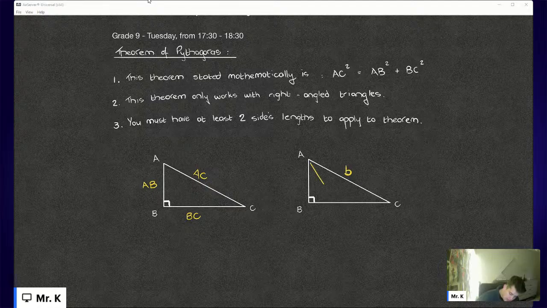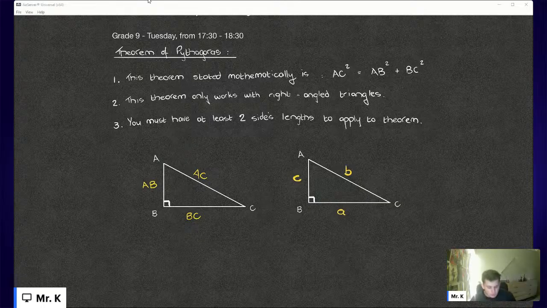If we look at the side opposite to angle A, we could find side A, right? And the same is true for the third side of my triangle, or the third angle. If I look at angle C and I identify the side opposite from that, we have side C. And all of these will be written with lowercase letters.